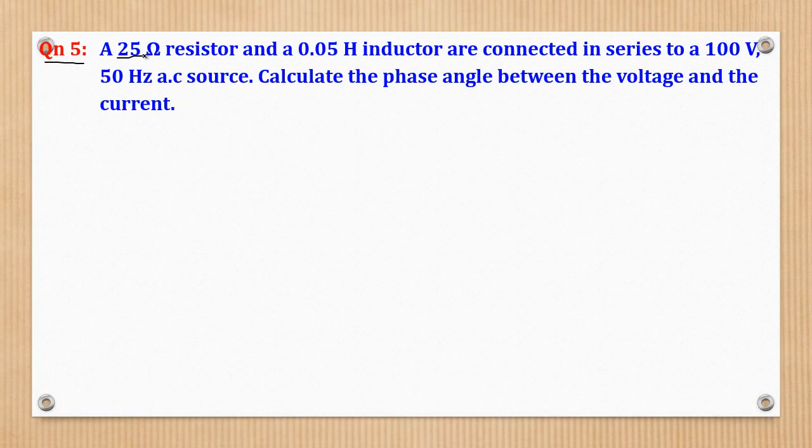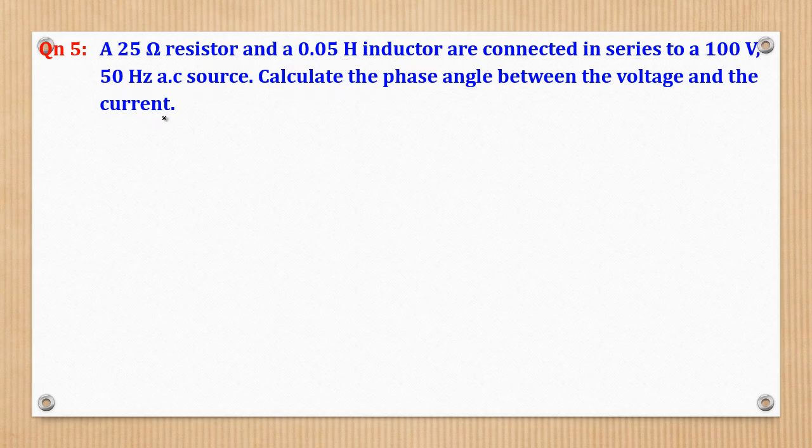Question 5 says a 25 ohm resistor and a 0.05 Henry inductor are connected in series to a 100 volt 50 Hz AC source. Calculate the phase angle between the voltage and the current.